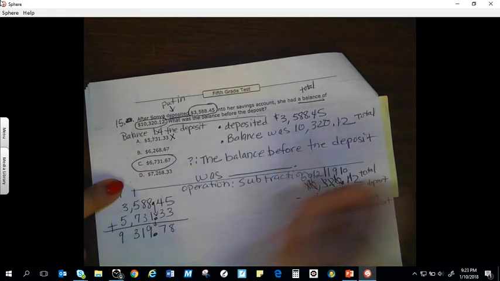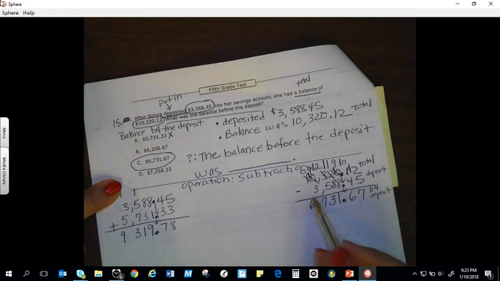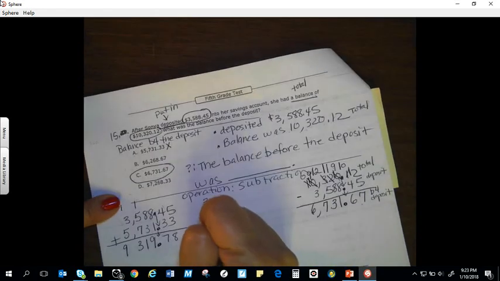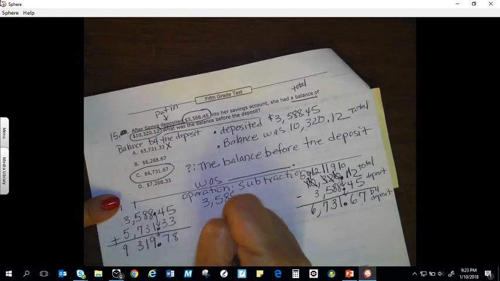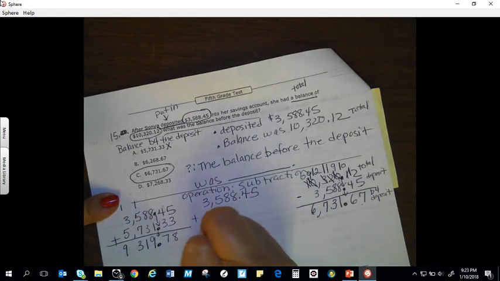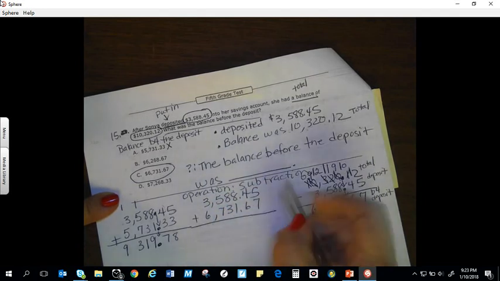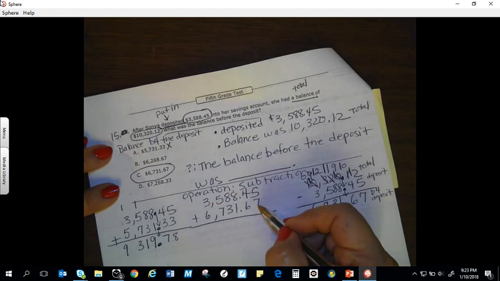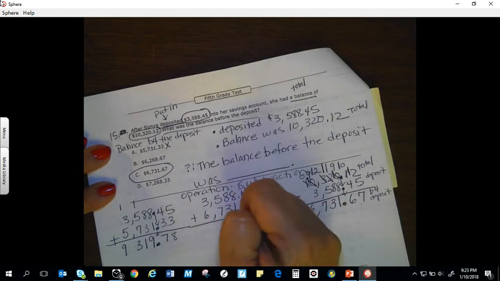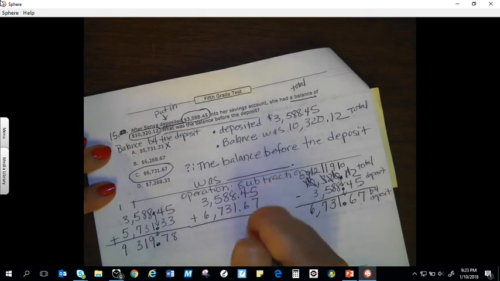So, because I need to check my work, if I had $3,588.45 and I added $6,731.67, 7 plus 5 is 12. Carry my 1. 6 plus 4 is 10, plus 1 is 11.